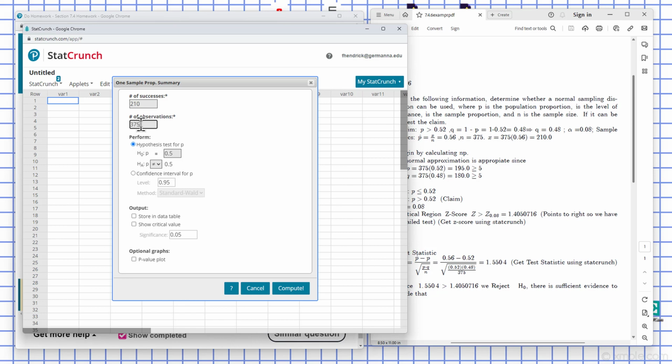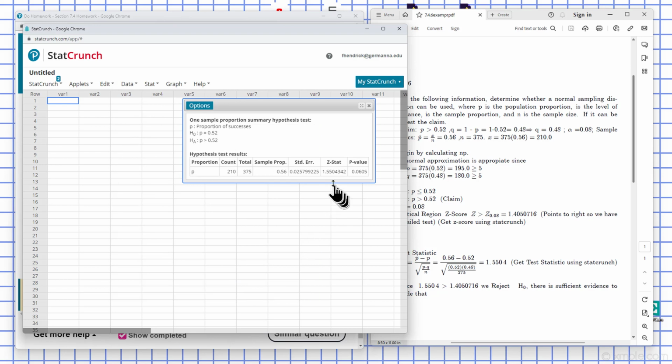For the hypothesis test, we have 0.52, and it's pointing to the right. We hit Compute, and you can see our test statistic there.